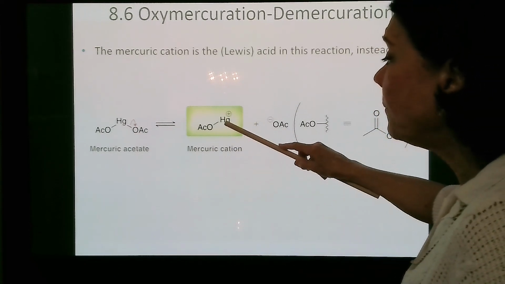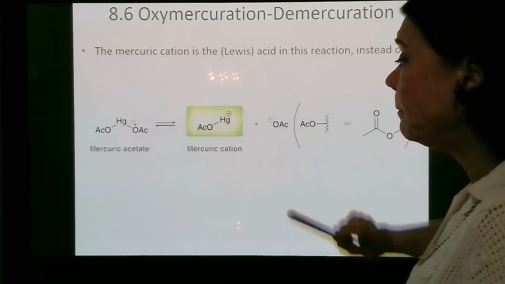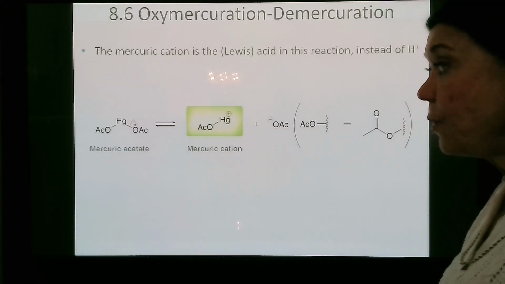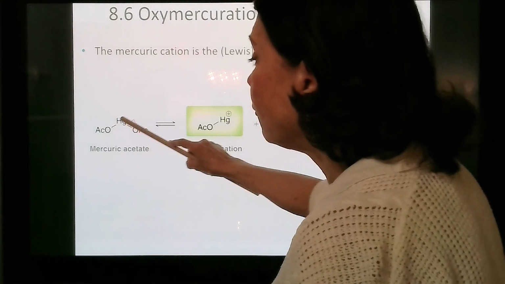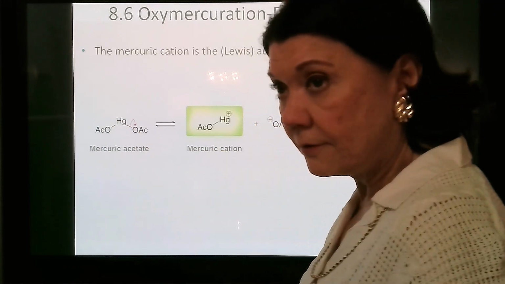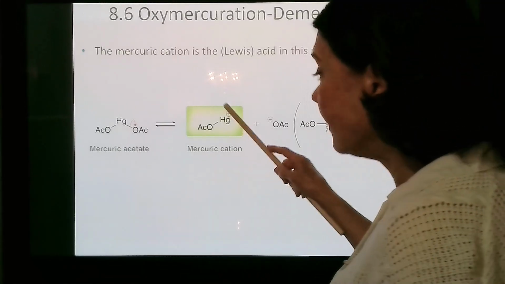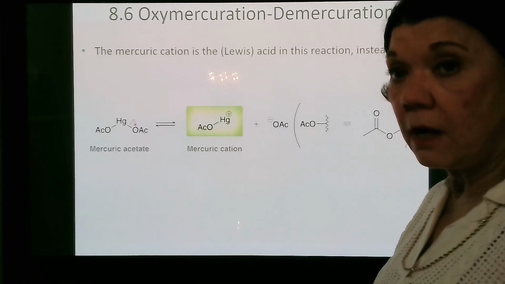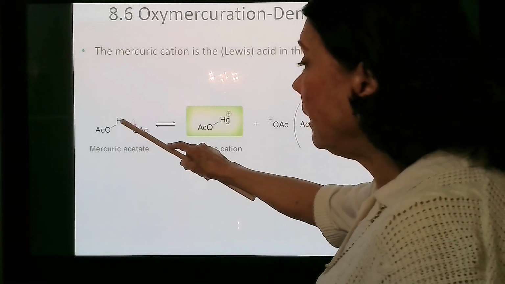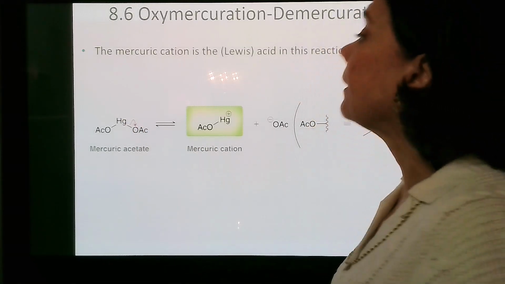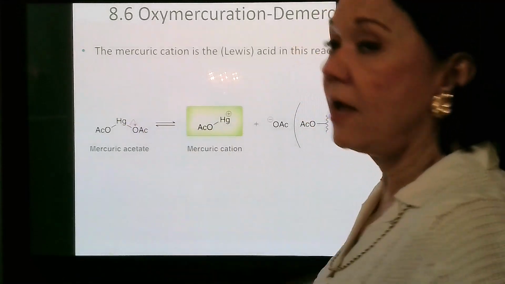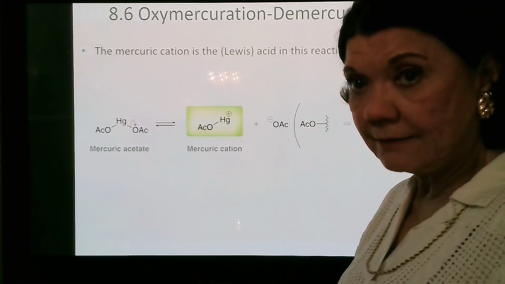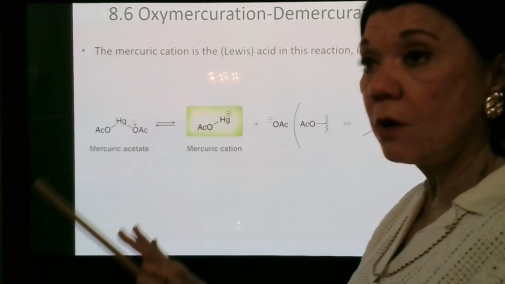So here you have mercury bearing a positive charge. Notice this mercury is typically divalent. Okay, so this is not a mercuronium ion. In order to have mercuronium, you need to have a trivalent mercury. Okay, so you haven't gotten to mercuronium yet.